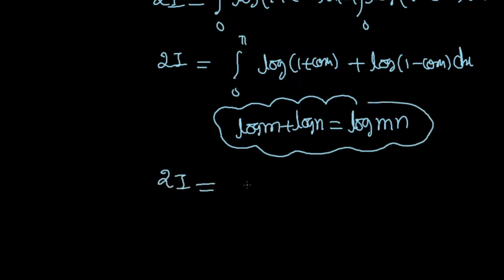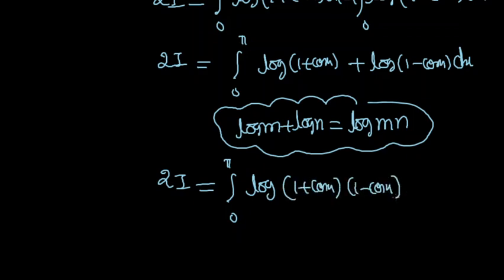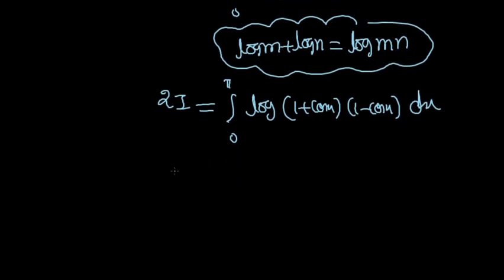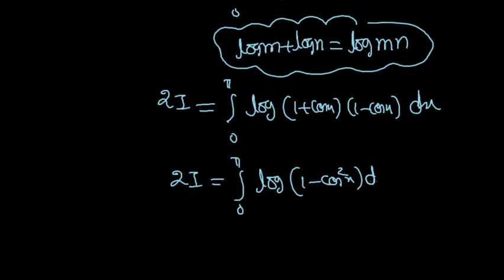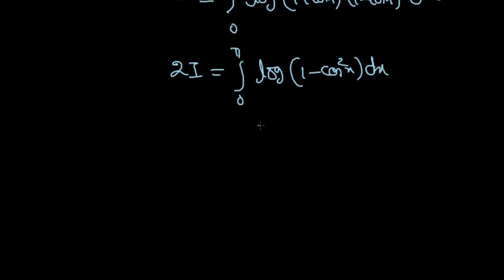Apply the formula here. 2I is equal to 0 to pi log of 1 plus cos x into 1 minus cos x dx. A plus b into a minus b is a square minus b square. So 2I is equal to 0 to pi log of 1 minus cos square x. Using the first trigonometric identity, 1 minus cos square theta is sin square theta.